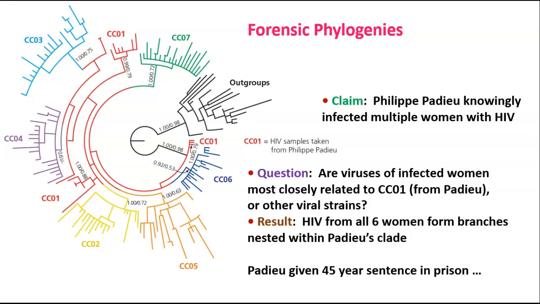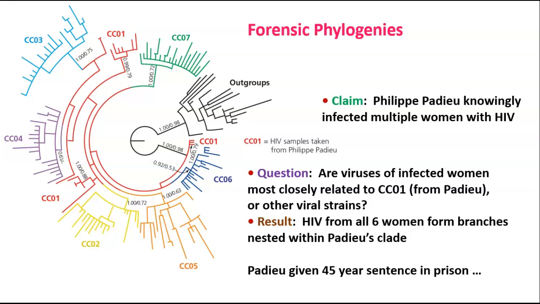Back in 2005, he learned from his doctor that he was infected with HIV. But despite being given that news and having that knowledge, he went on to have unprotected sex with a number of women who later contracted HIV.